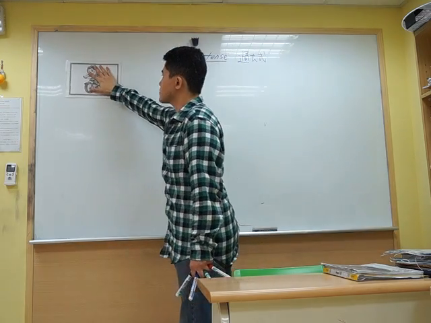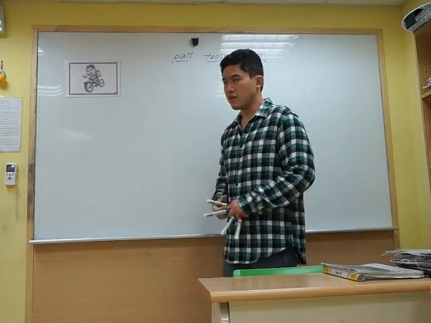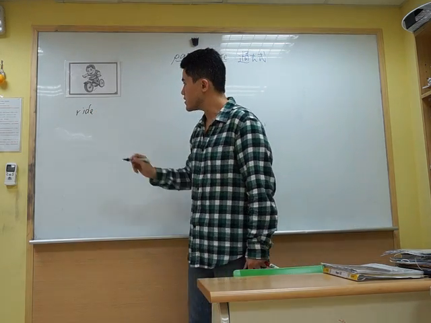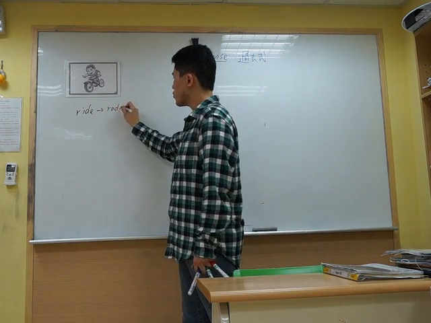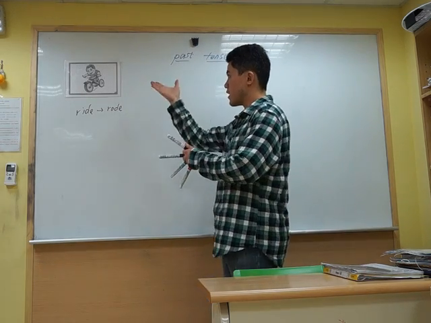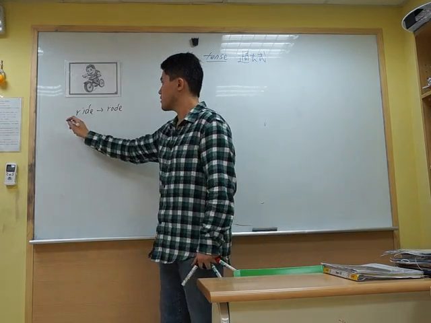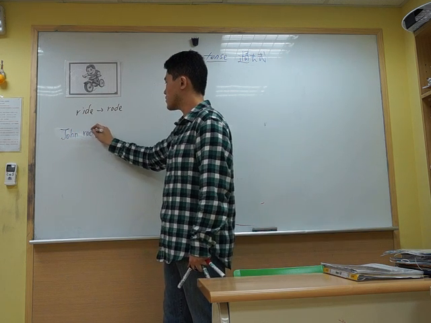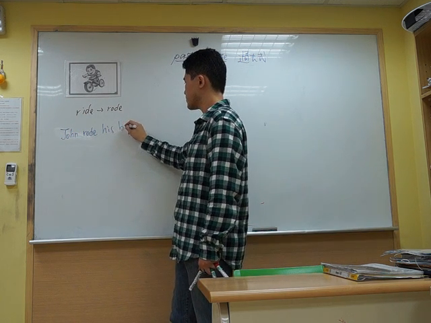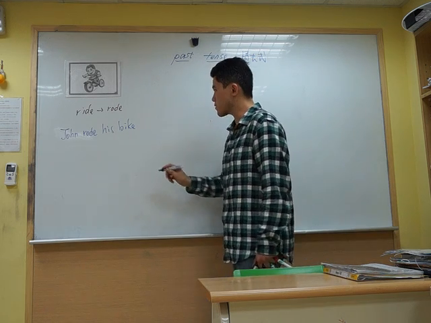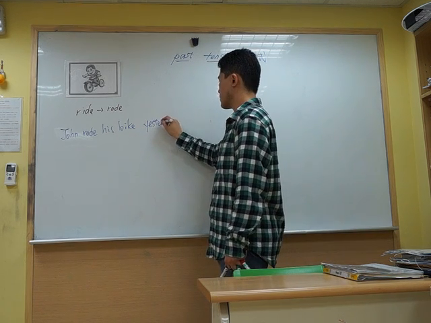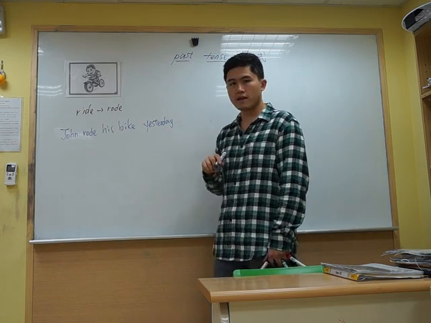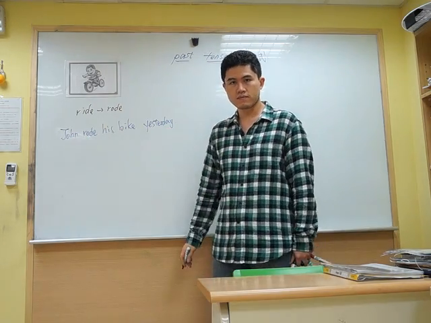This one. The action in the picture is ride. The past tense of ride is rode. So I can make sentences such as the boy's name is John, so John rode his bike. Past tense time marker, yesterday. So say, John rode his bike yesterday. Now you practice.